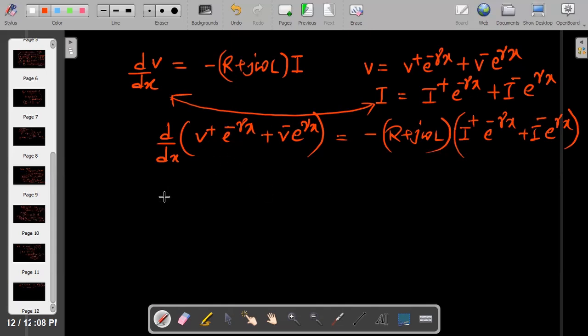It will come minus gamma V plus e to the power minus gamma x, plus gamma V minus e to the power gamma x.